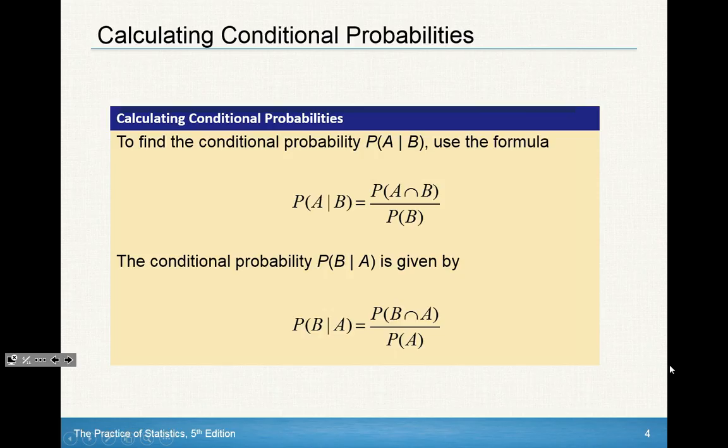That should just be the part that they have in common for both event A and event B. So that's not going to change. It's the bottom of your fraction that changes, and it's always the probability of the event that's already occurred, the given part. So if you're doing A given B, you have the probability of B on the bottom. If you're doing the probability of B given A, then you have the probability of A on the bottom.